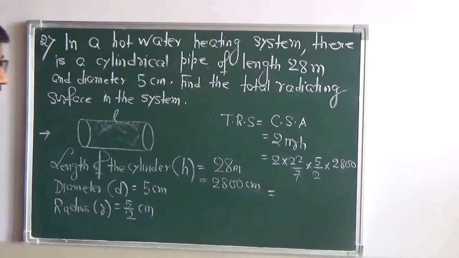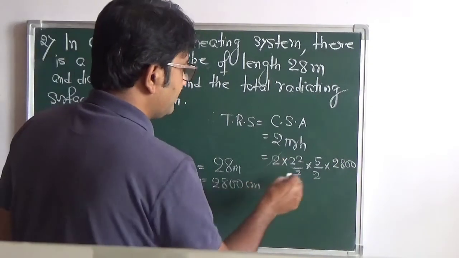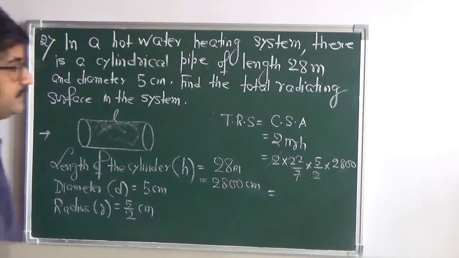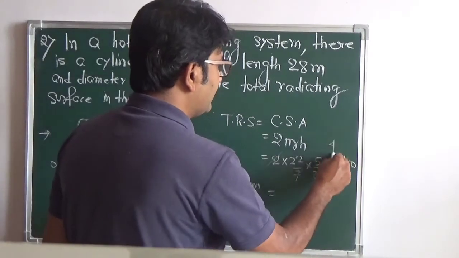So now you have to calculate this. The 2 and 2 cancel out, and 2800 by 7 is 400.